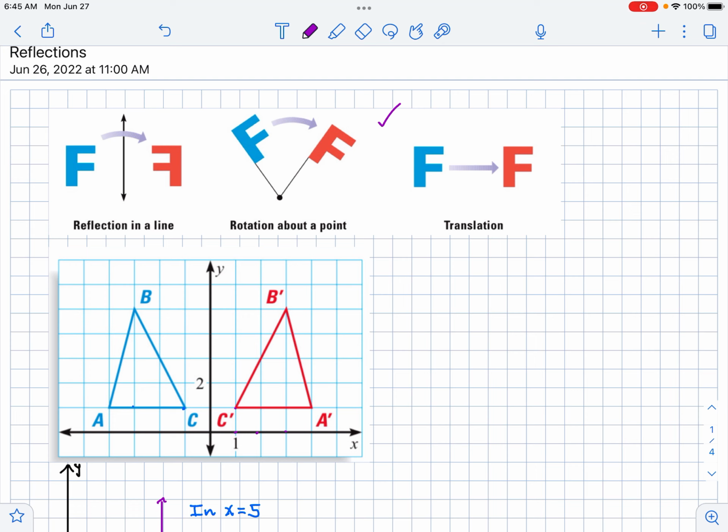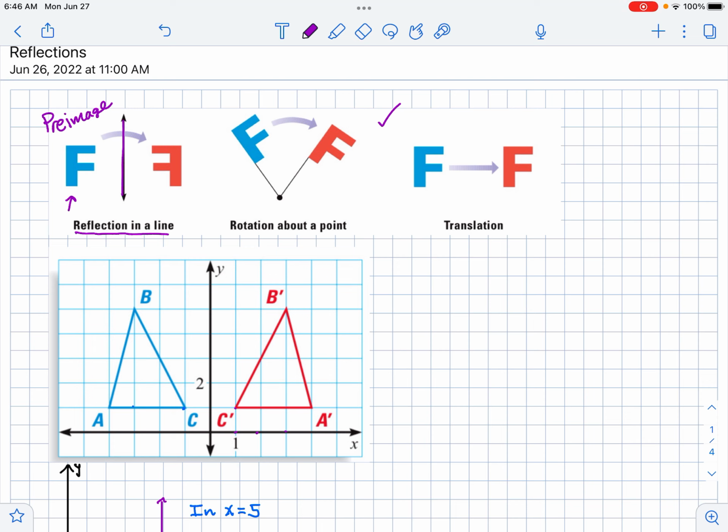Now, let's just look at this right here. The reflection in a line. Consider this blue F over here. In this particular transformation, this is called the pre-image. Now, it's being reflected in this line.